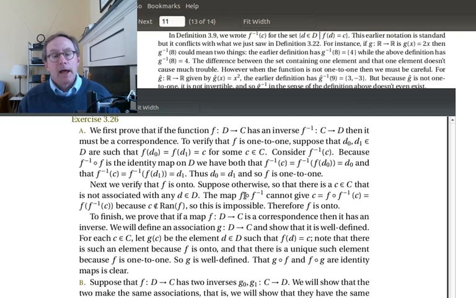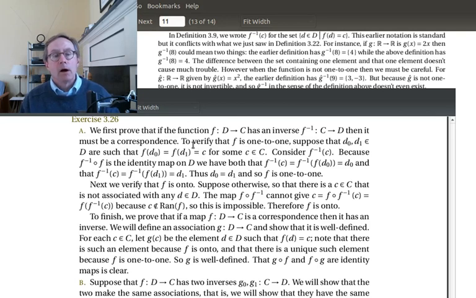But then f composed with f inverse can't give this equation, which of course it has to give, because c is not in the range of f. So c is not one of the possible outcomes of f, because we supposed that there's a c with no associated d, so there's no way to get an output of little c, so you can't have the inverse equation. You'd have to have the inverse equation for the inverse to exist.